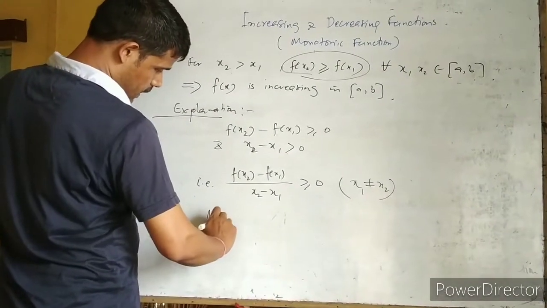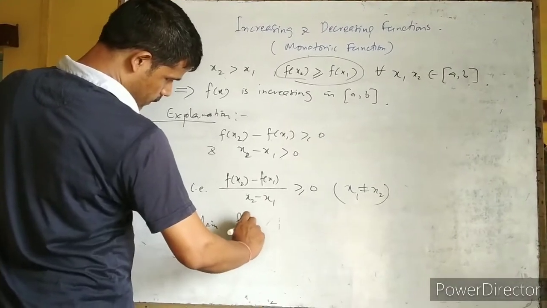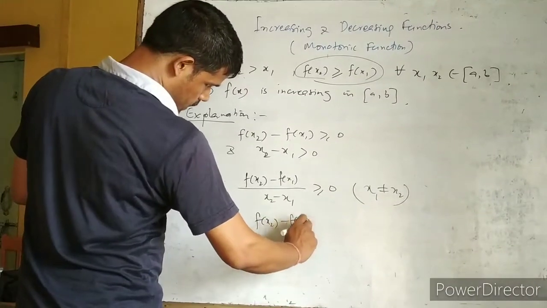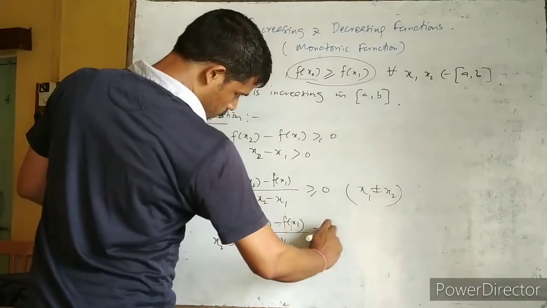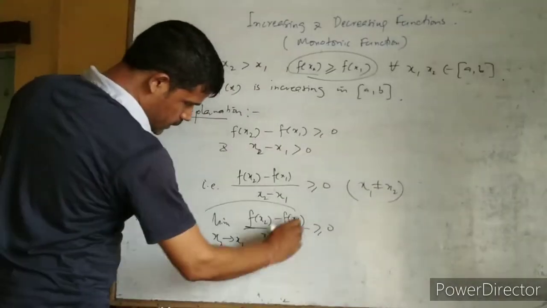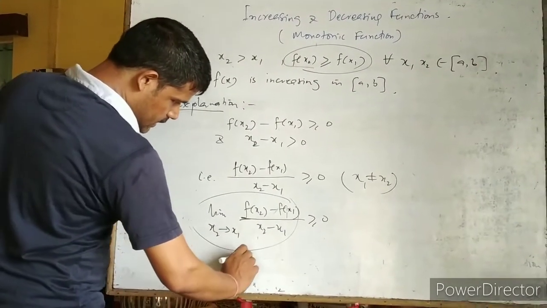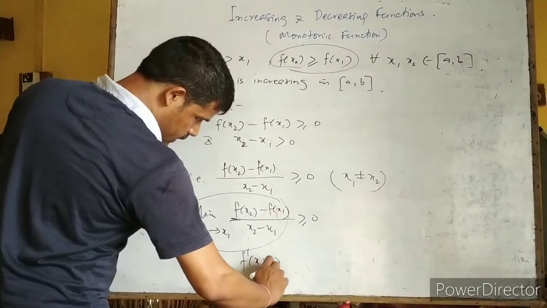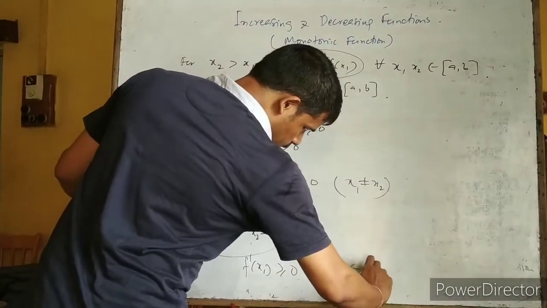Now if I take limit x2 approaching x1, (f(x2) minus f(x1)) by (x2 minus x1) is greater than or equal to 0. Now what is this? The question is this. What is this? Can't I say this as f dash x1 is greater than or equal to 0 for all x1 in the interval AB?